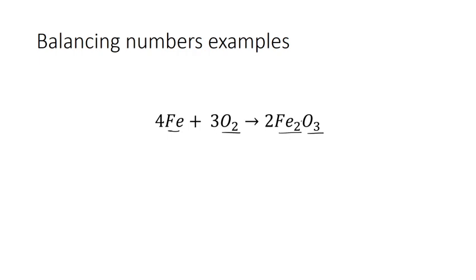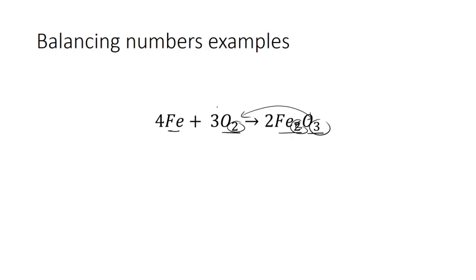Right, we know that 2 and 3, those are both factors of 6, right? So we need 6 oxygens because 2 and 3, or sorry, not this 2, this 2, right? 2 and 3, factors of 6. So we'll balance that first, right?